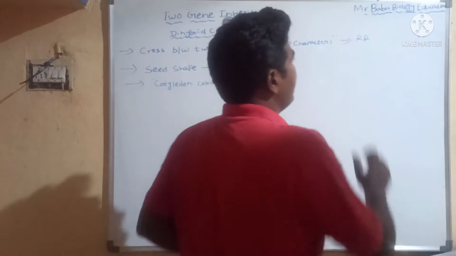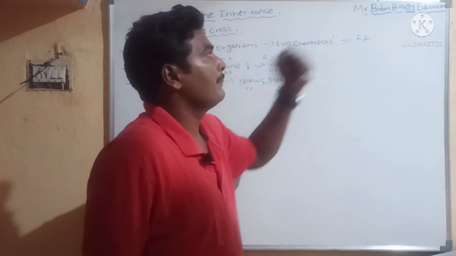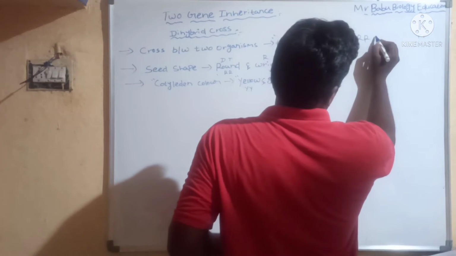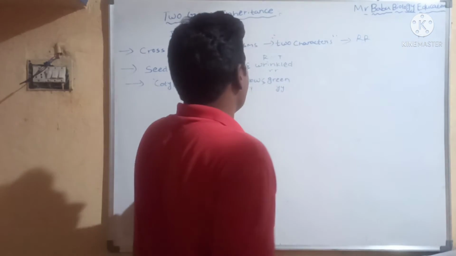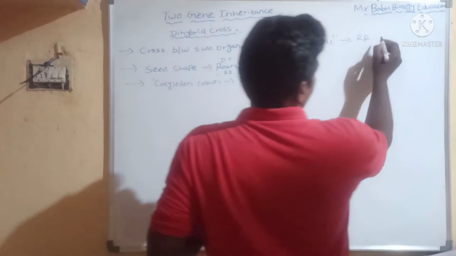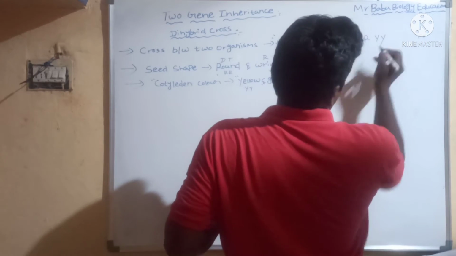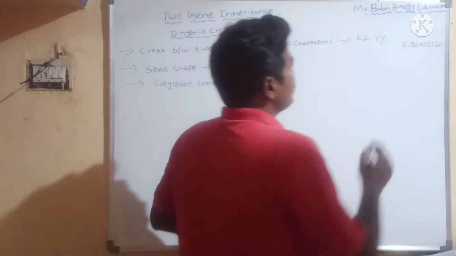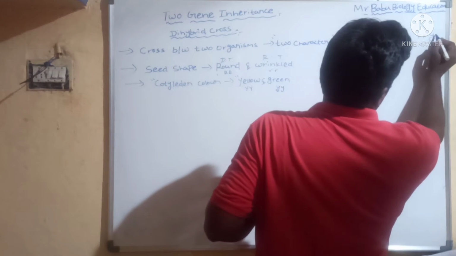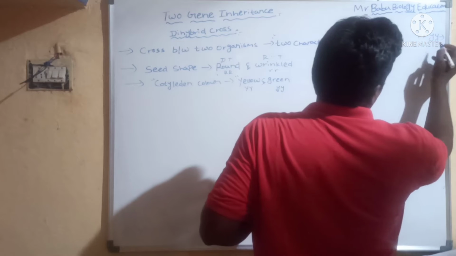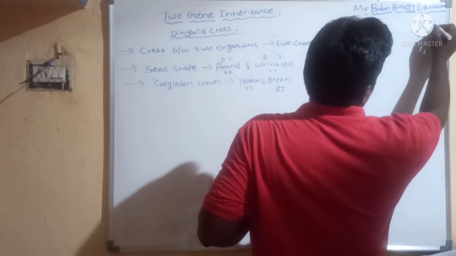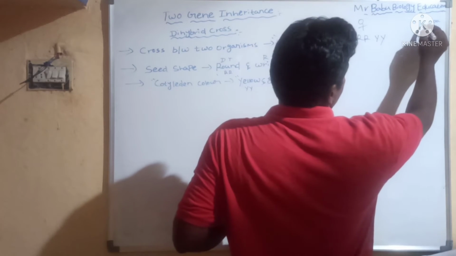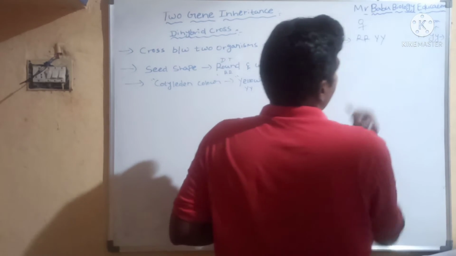Cotyledon color yellow is capital Y, the dominant trait, and the recessive trait is small y. So these are the parents: this is the female pea plant, and this is the male pea plant.